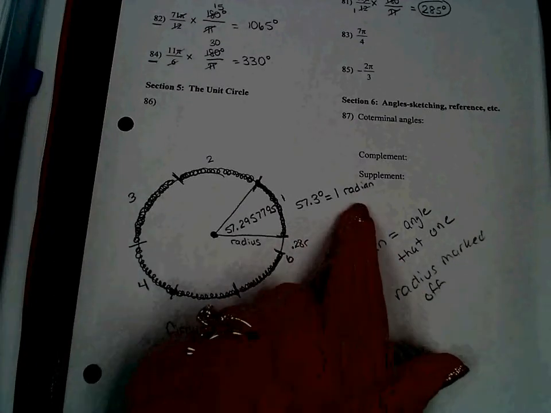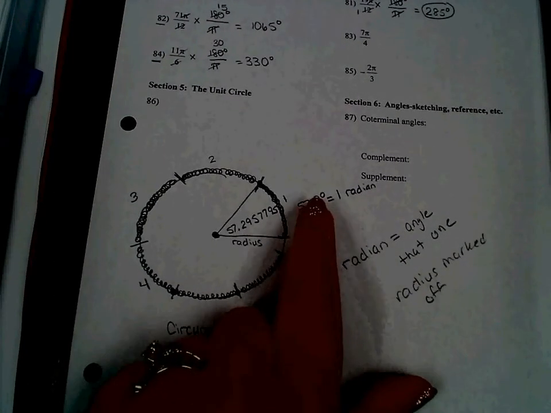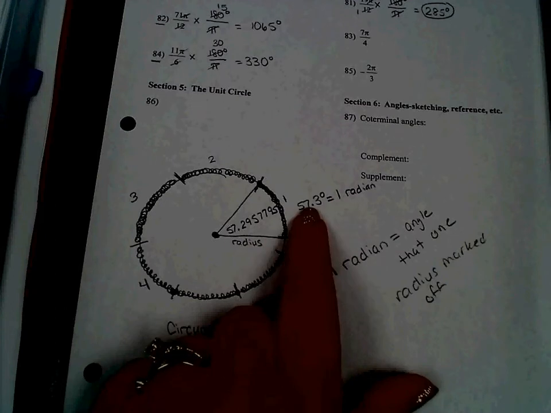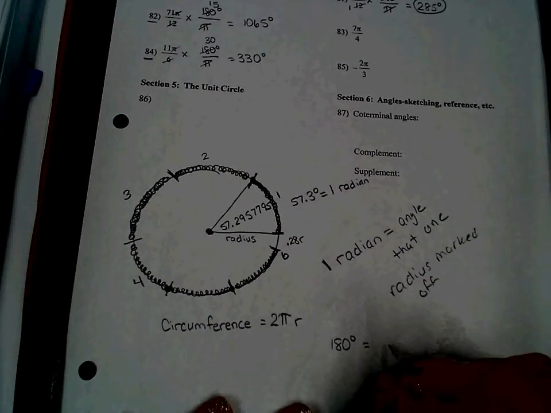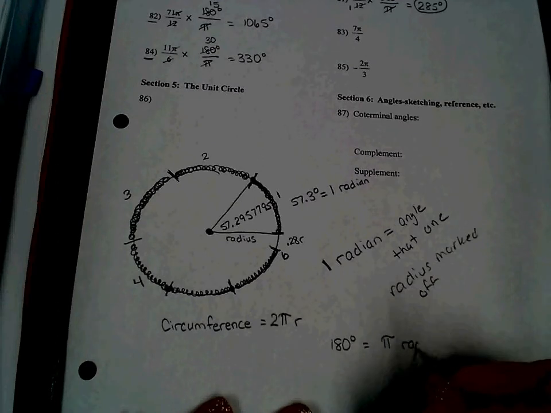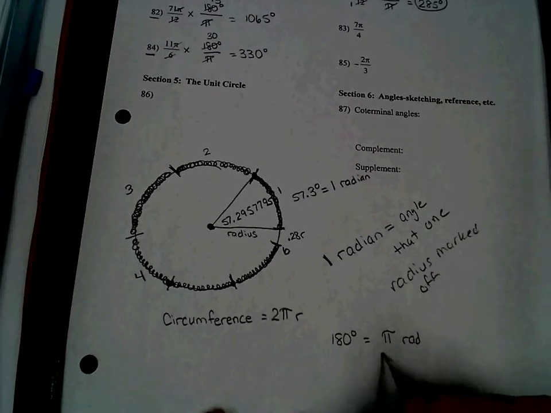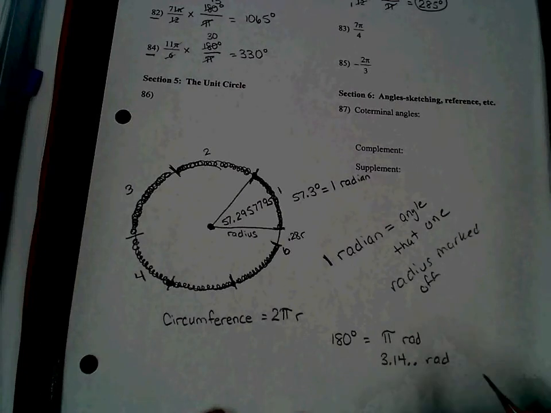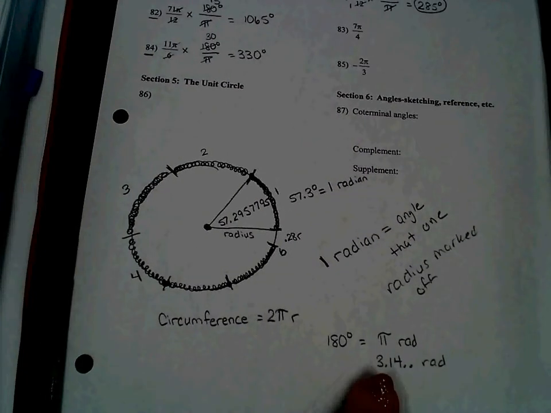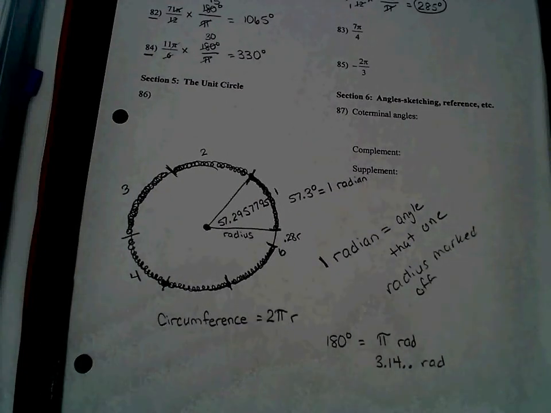So obviously radians are a whole lot bigger than degrees. So 180 degrees is pi radians. So if we did that as a decimal, 180 degrees is 3.14, going on forever, radians.